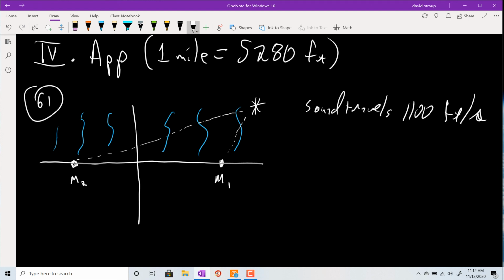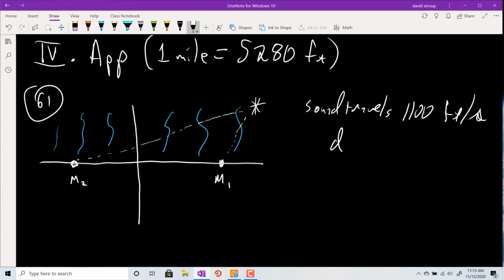We want to know the difference in location. Because M1 hears the sound 2 seconds before M2, we can figure out the difference between the distance from M1 to the explosion and M2 to the explosion.